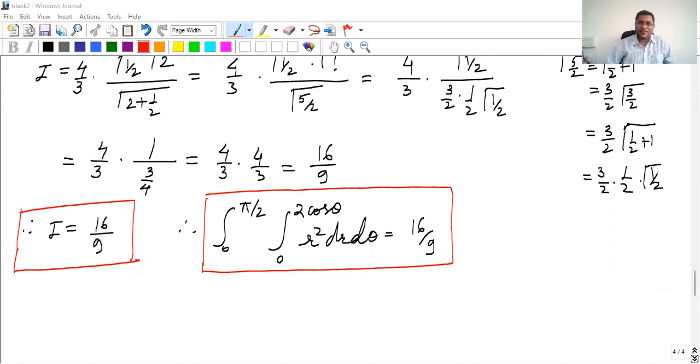Is there any doubt in this example? No, sir. All of you got this example? Yes, sir. That's good.